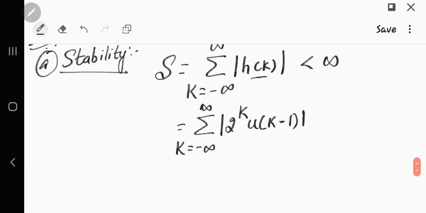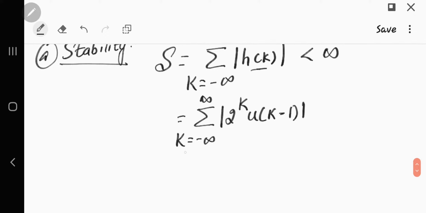Now the limit is varying from minus infinity to plus infinity. If you observe, we have u of k minus 1, which is a unit step function. The value of the unit step function is 1 for a certain duration. What is that duration? Let's check.